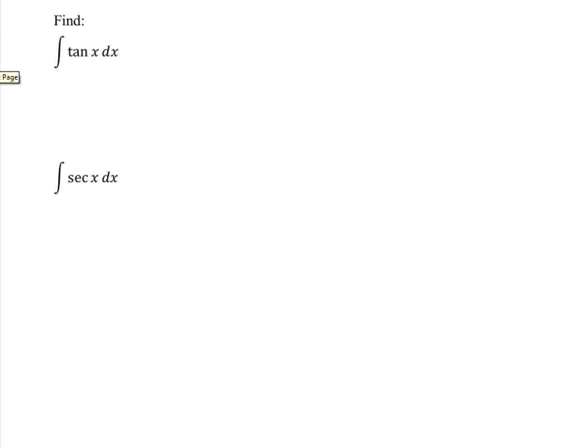The integral of tangent x, we're going to rewrite as what? Tangent is sine over cosine, so this is sine x over cosine x dx. Based on using identities and log rules, what might we do to integrate this?